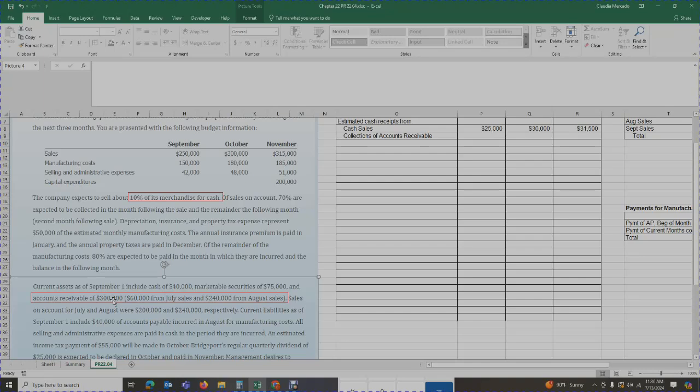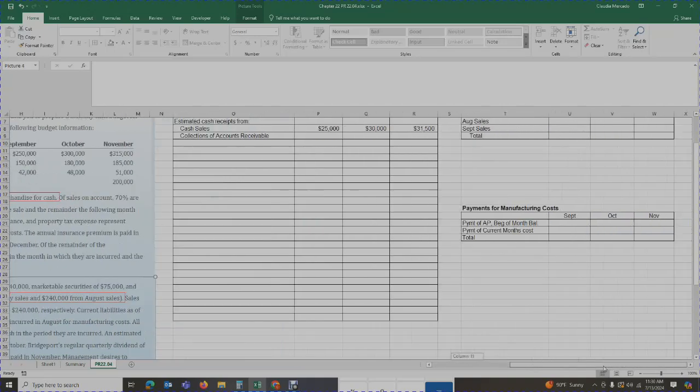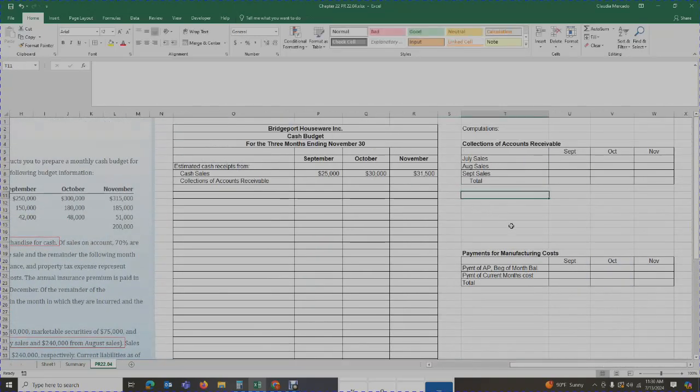We've got $60,000 from the July sales. So if we made sales in July, then in August we will receive 70%, and then in September we would be receiving 30%. We need to remember that. So from the July sales, I'm going to put that over here. I've got $60,000 that we are pending to collect, and I'm going to do my calculation here on the bottom.